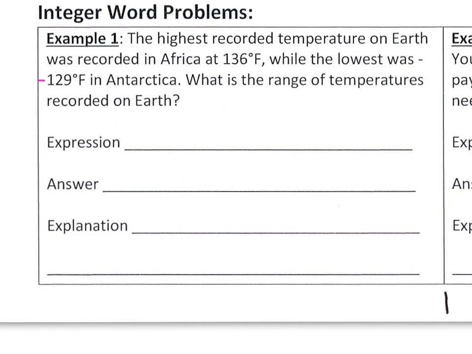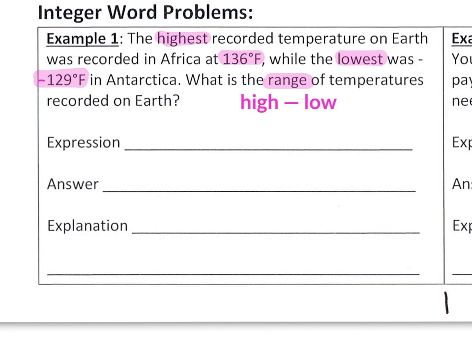So now I need to look through. I read it once, and then I like to go back and highlight, okay, what's important here? Well, that word range. In order to answer this question, I have to know what range means. So to find the range, we need to subtract the high minus the low, which then makes sense because my question was telling me that the highest temperature is 136 degrees Fahrenheit, and that the lowest temperature is negative 129 degrees Fahrenheit.